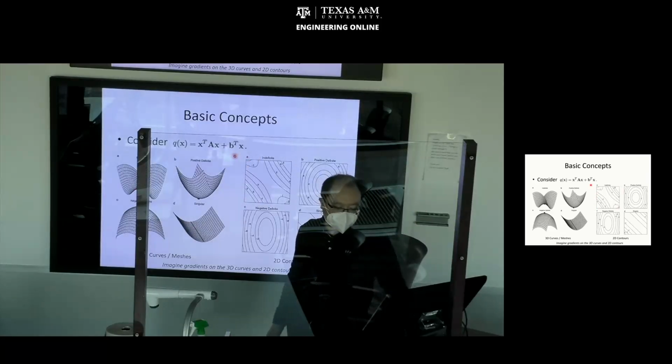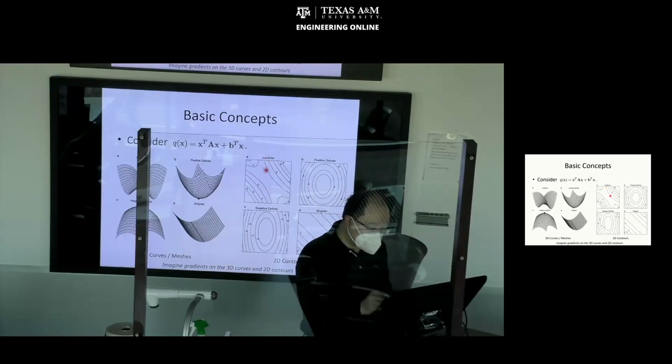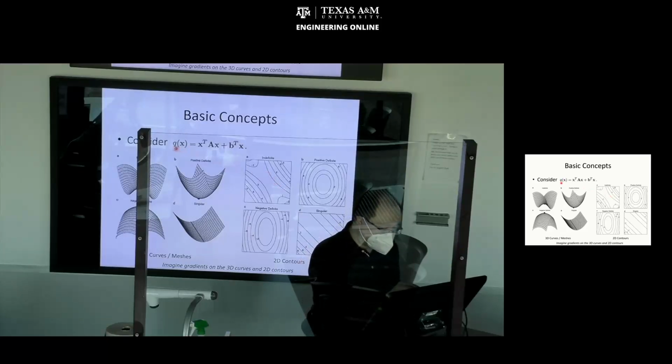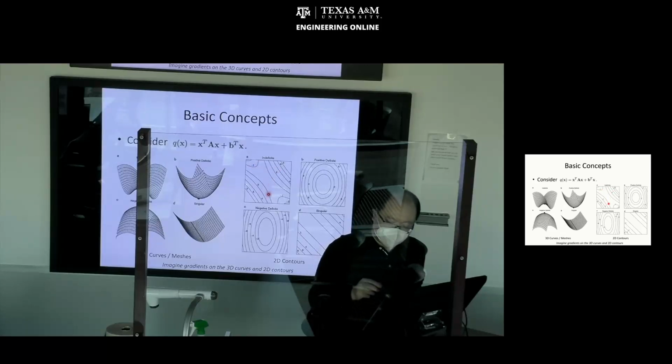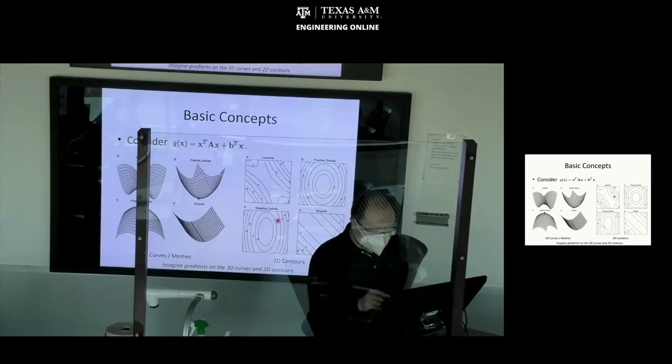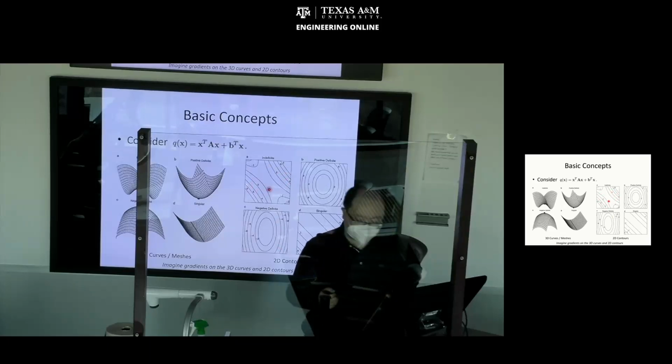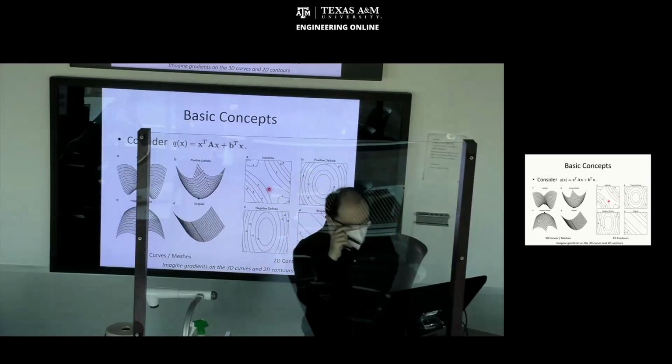Then we are looking at these so-called 2D contours, right? Again, each line corresponds to those points in the x space that have the same function value. For instance, here, this corresponds to the indefinite landscape. So we have the values here, for instance, 2, 6, 8, -1. That means points on this line all have the same function values, okay? So we need to be comfortable analyzing the 2D contours because we're going to use them later on, illustrating the optimization algorithms, okay?